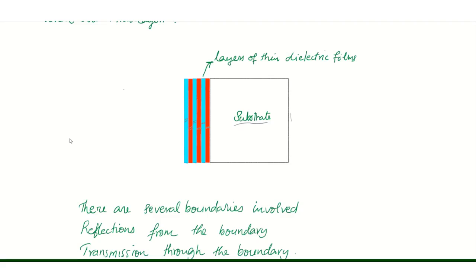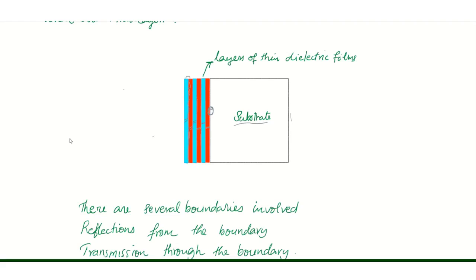You see here we have interfaces. There is an interface between the blue region and the red region. Over here, this is an interface. Then that continues, and there is another interface between the first coating and the substrate.